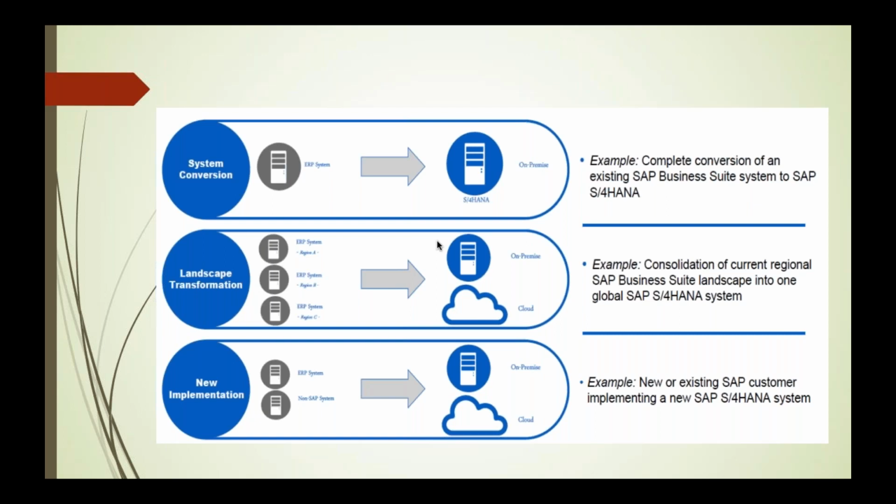Whether you want to go for a new implementation or a system conversion, there is a standard checklist that you may want to answer. Depending upon your answers, yes or no, you choose an approach for your company. Do you want to keep your enhancements? If yes, then go for a system conversion.